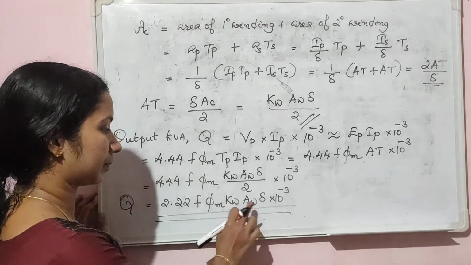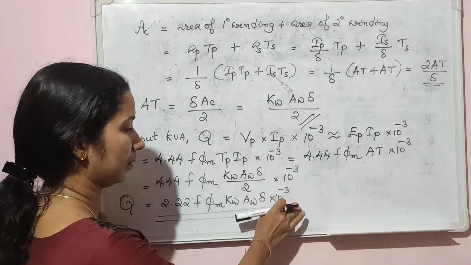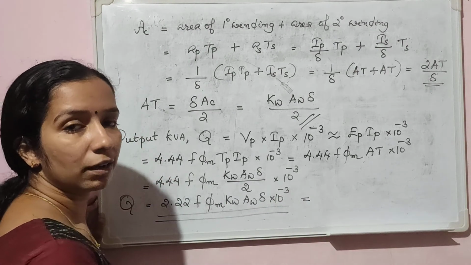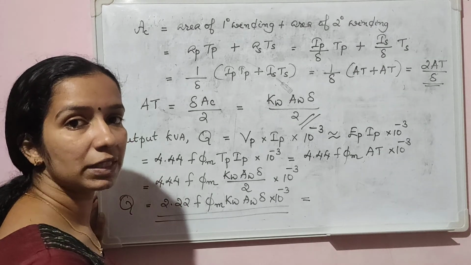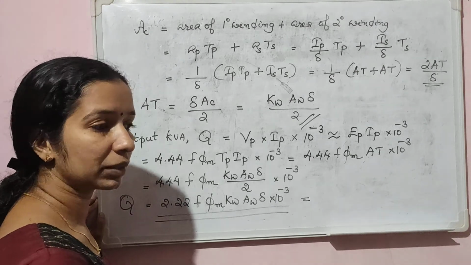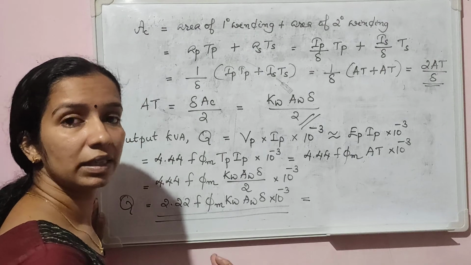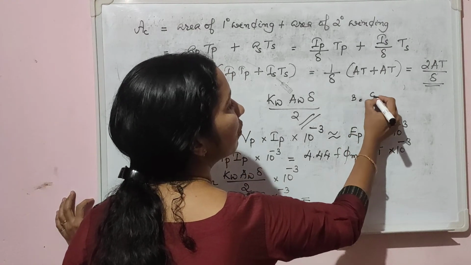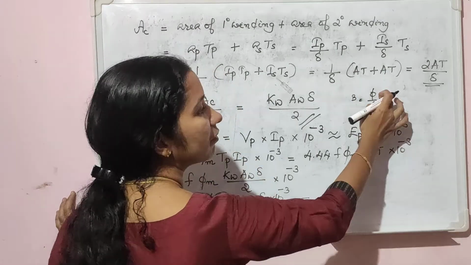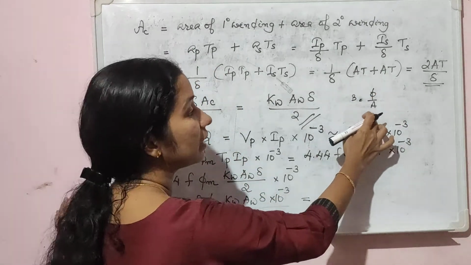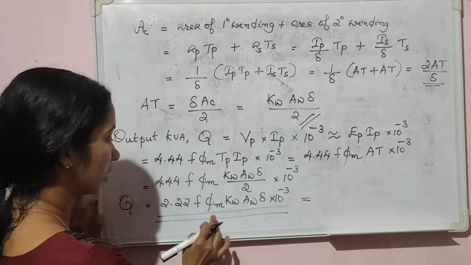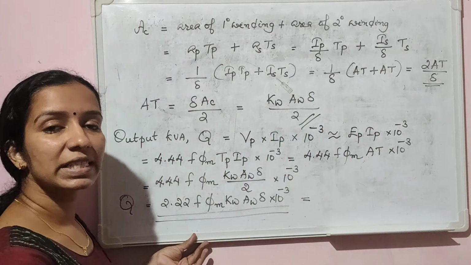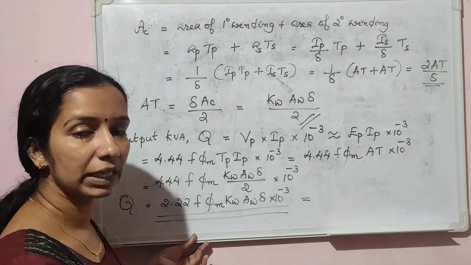So here this term phi m, we know that flux in the core phi m is equal to flux density into area. Flux density it is the flux divided by area. Flux density B is equal to flux by area. So we can write flux as flux density into area. So this term phi m can be denoted as maximum flux density Bm into area of the core.